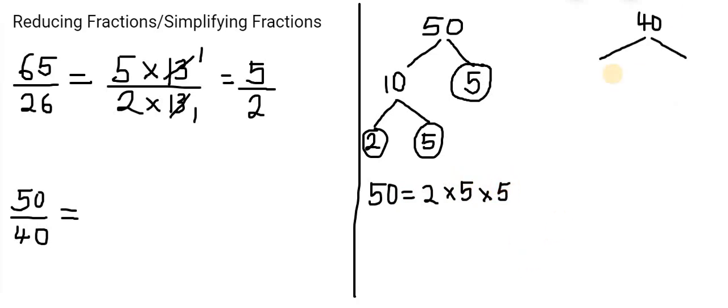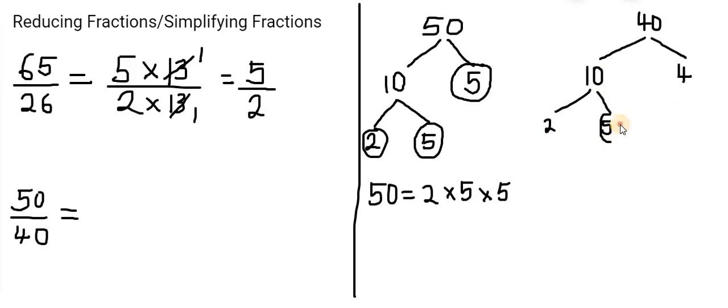Okay? Now, for 40, it ends in a 0, so 2 is a factor, 5 is a factor, 10 is a factor. So, we take 10. What goes with 10 to make 40? If you don't know, that's 40 divided by 10. That should give you 4. Both are not prime numbers, so we keep going with each one. For 10, as we saw from 50, that's 2 and 5.